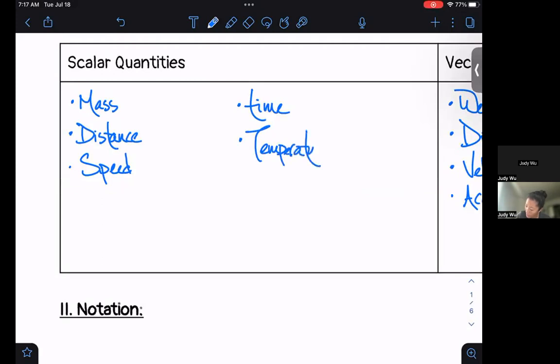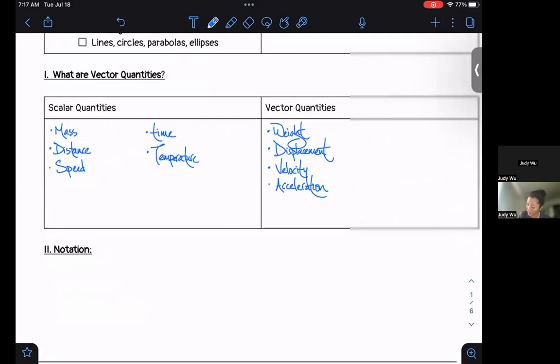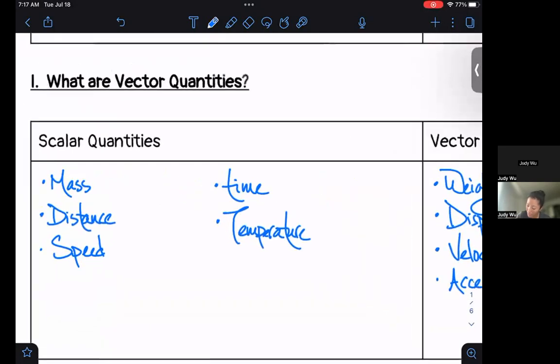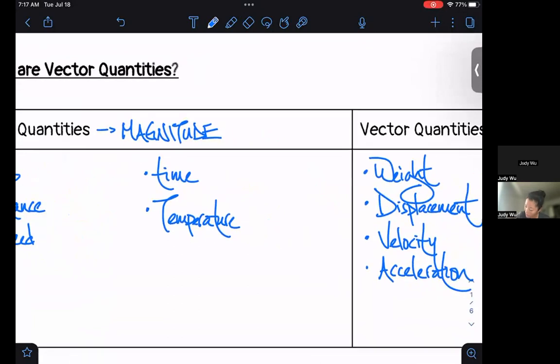Temperature. There's no sort of direction piece to that. It's just an amount. And so the main theme that we're saying here is that scalar quantities have a magnitude, like an amount, magnitude only.